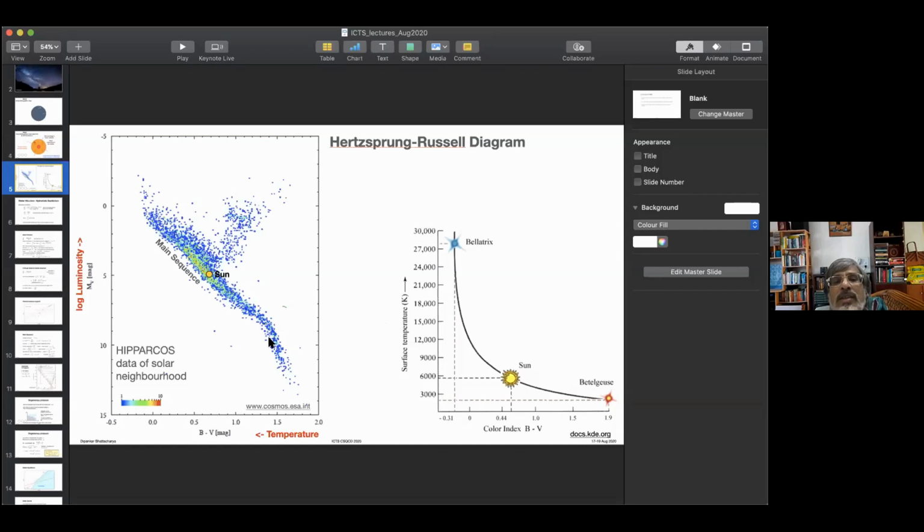It has a similar structure where you can see the main sequence and all the other branches of the Hertzsprung-Russell diagram. So bolometric magnitude versus B minus V will look very similar to this, with slight changes in shape. And of course, the overall scale, because bolometric luminosity will lift the numbers up a little bit. That's all.